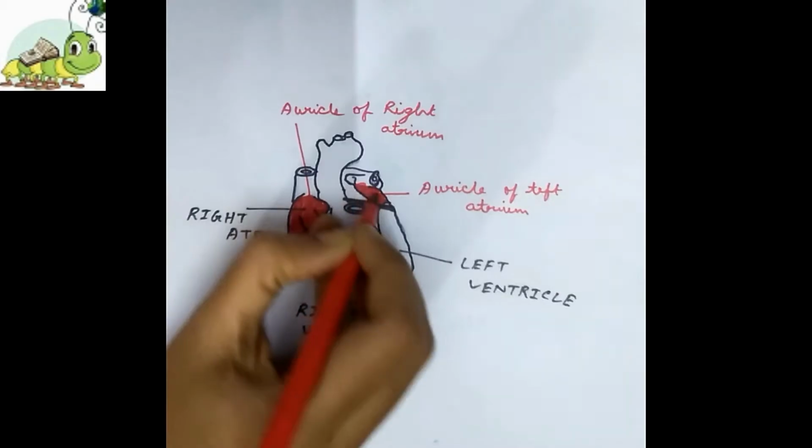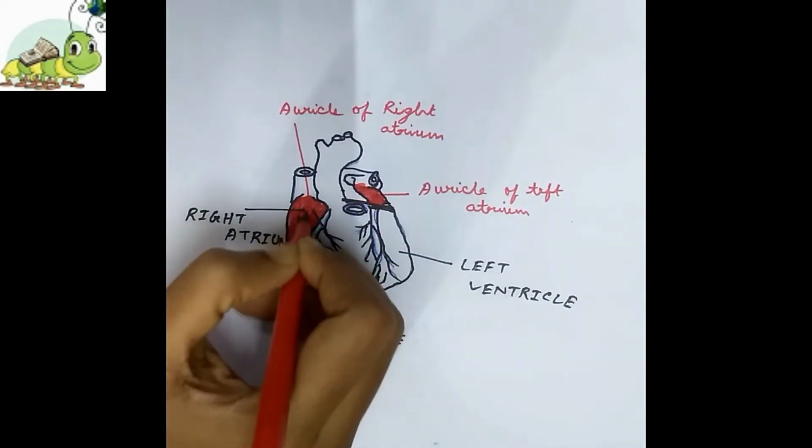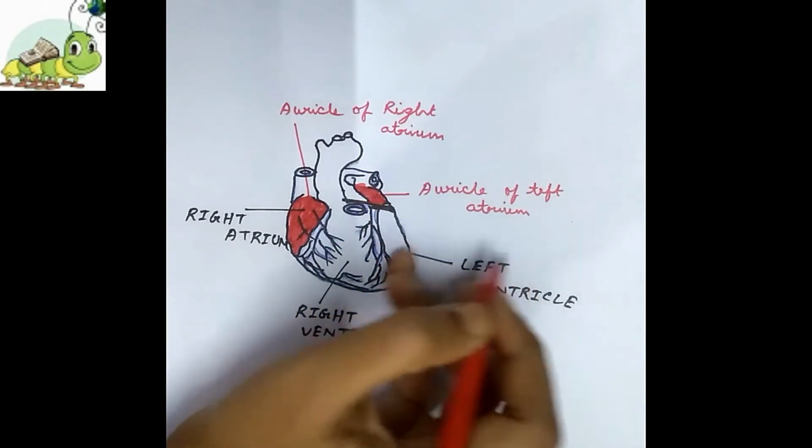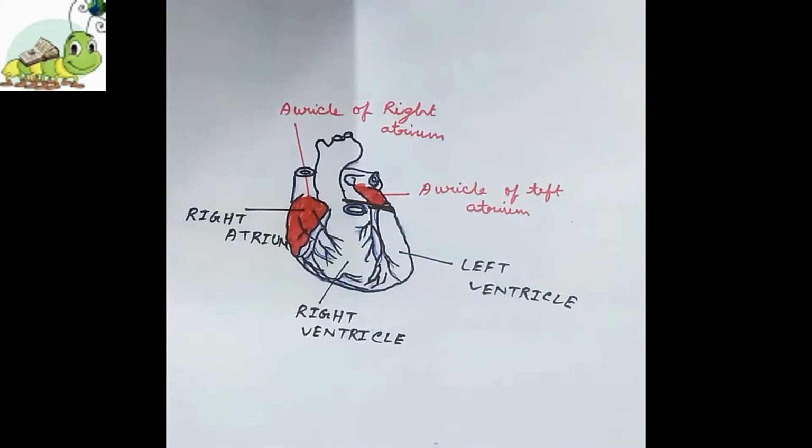Auricles are relatively thin-walled structures that can fill with blood and empty into the atria or upper chambers of the heart. You may also hear them referred to as atrial appendages.